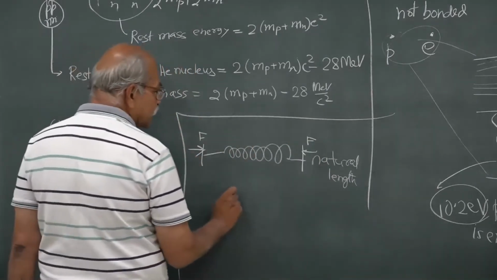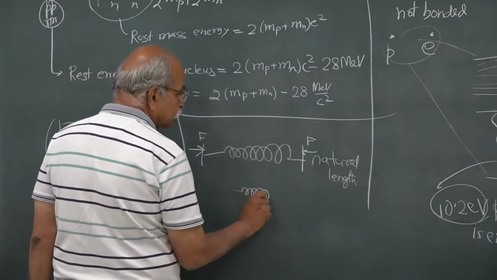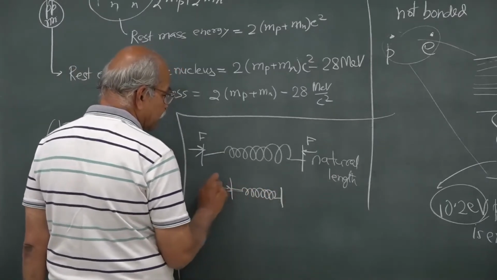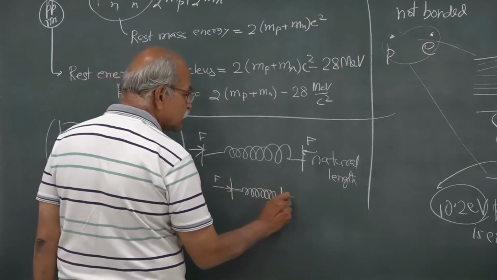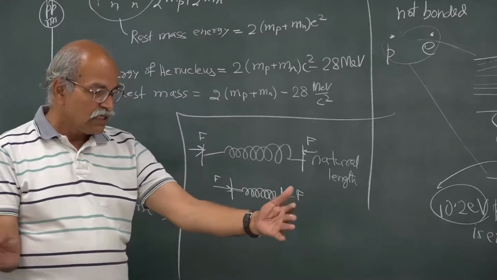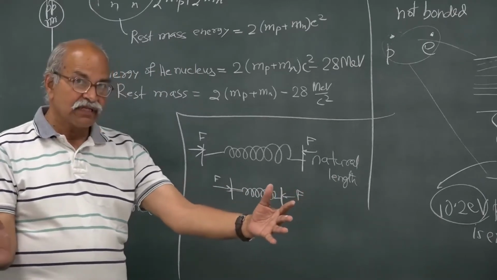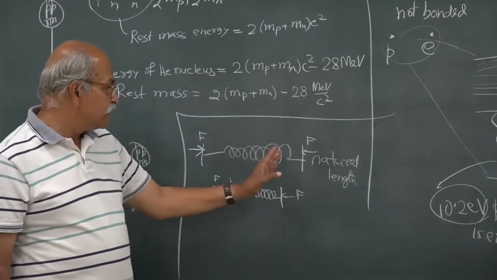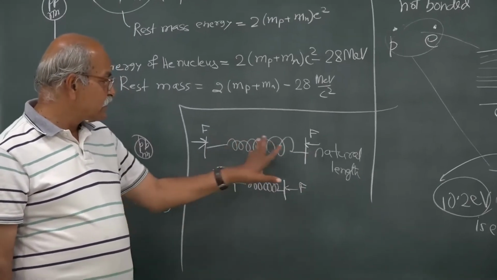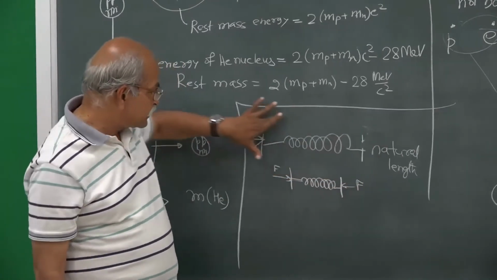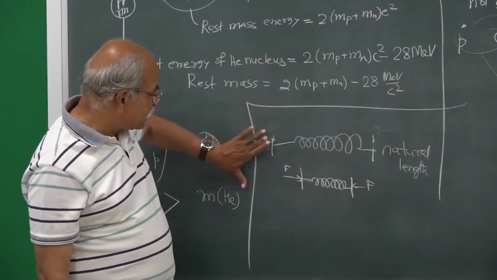So, you apply a force here and a force here, and then you compress it. If you apply a particular amount of force, you will compress it by a particular value. So, let us say initially it is at rest, this is the original position, the natural length.